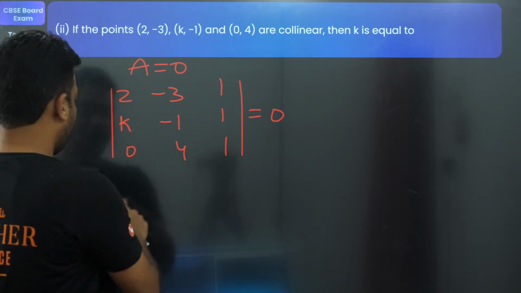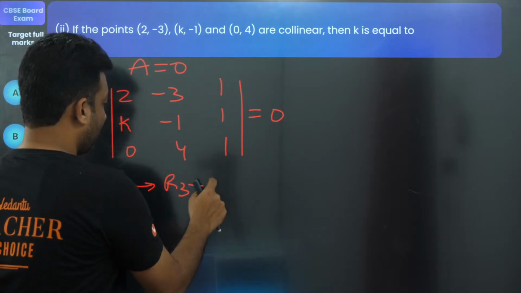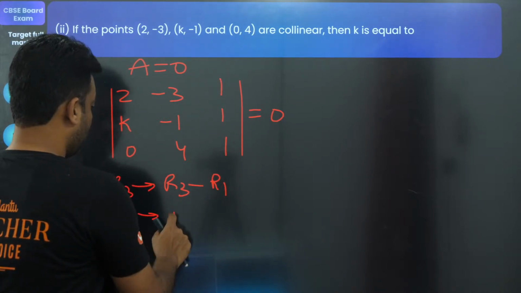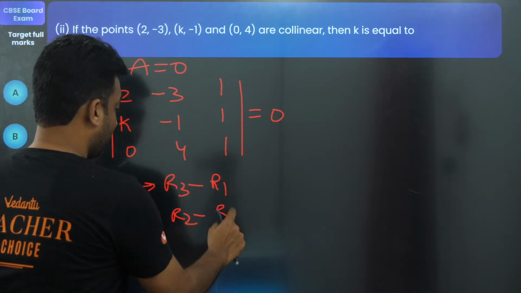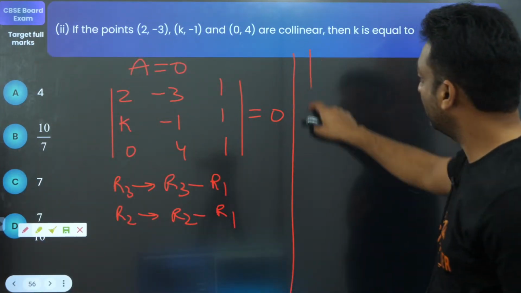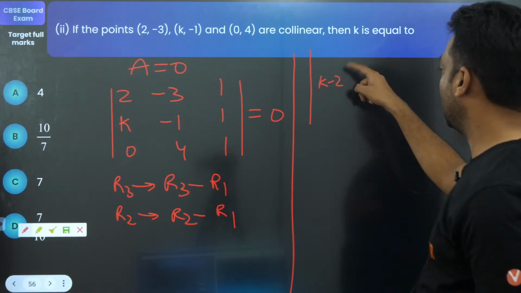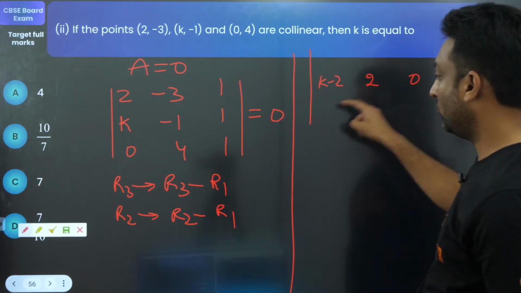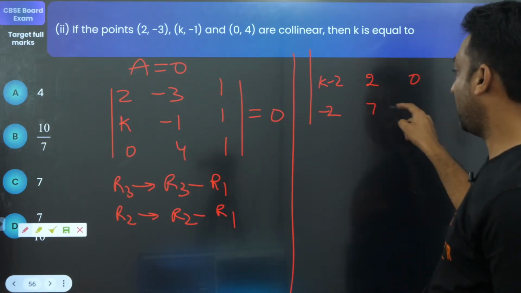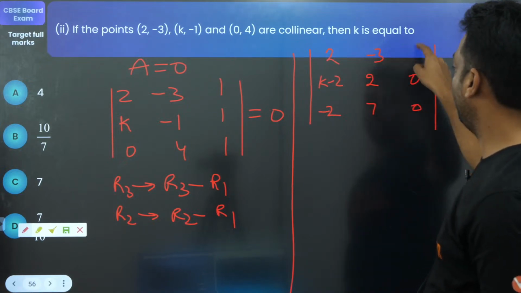Let's do it like R3 goes to R3 minus R1 and R2 goes to R2 minus R1. R3 में से भी R1, R2 में से भी R1, subtract. So this will be K minus 2, 2, 0, R3 minus R1 minus 2, 7, 0, 2, minus 3, 1.